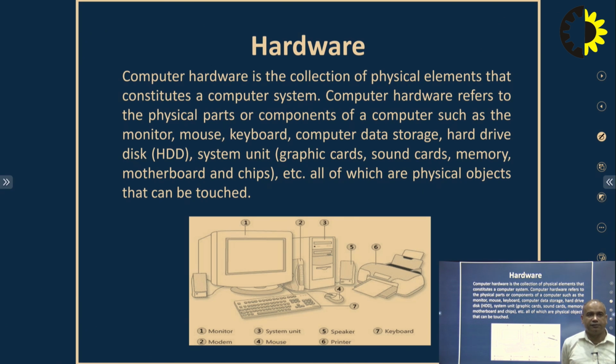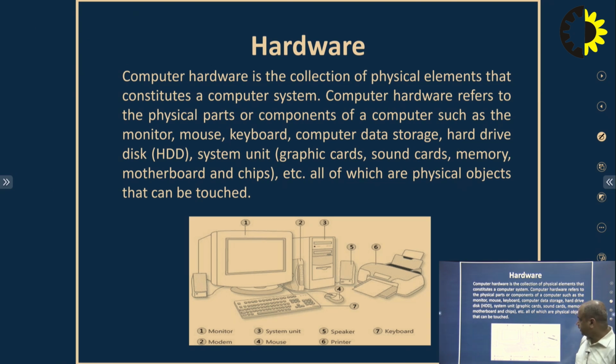It refers to the physical parts or components of a computer such as the monitor, mouse, keyboard, computer data storage, hard drive, and system unit which consists of graphical unit, sound card, memory, motherboard and chips, all of which are physical objects that can be touched.